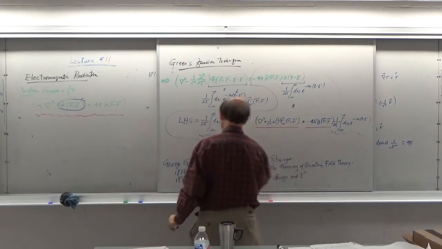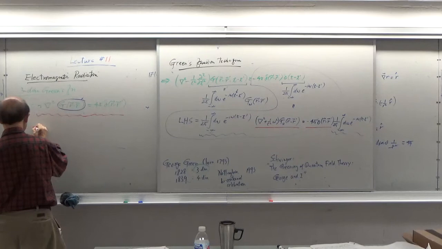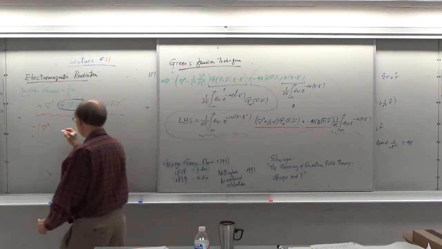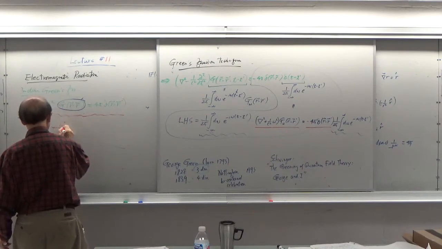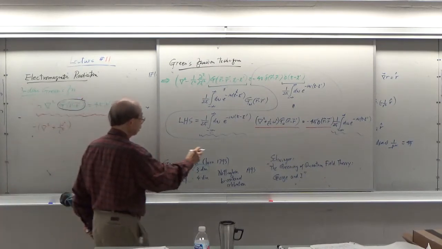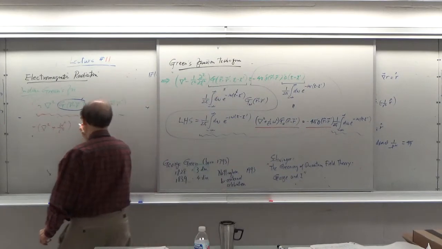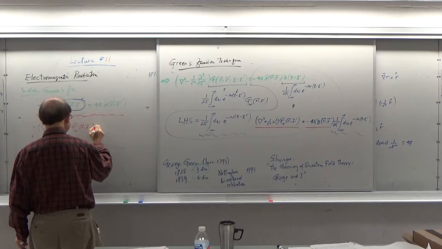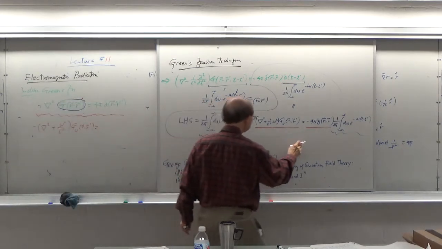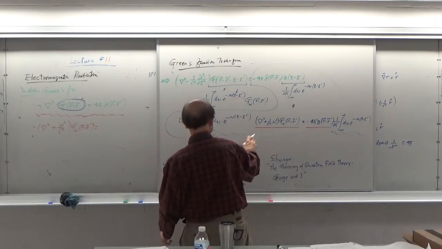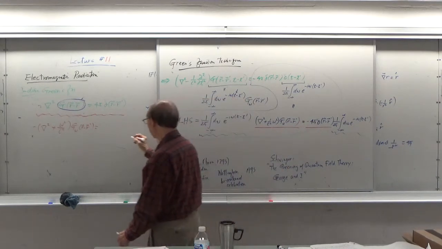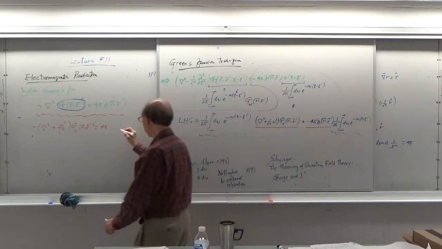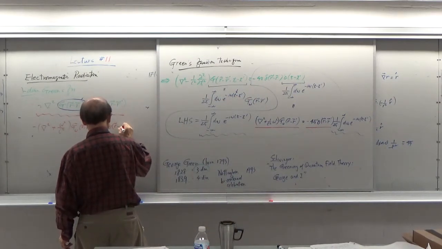There's a minus sign, so if I put the minus sign to the other side: minus Laplacian plus omega squared over c squared times Green's function sub omega, it depends on omega, that is equal to 4 pi delta function r minus r prime.